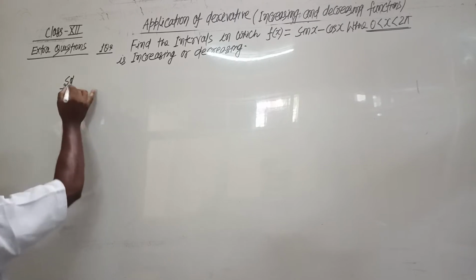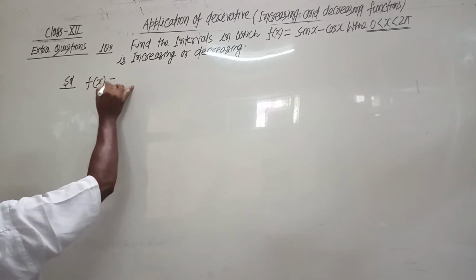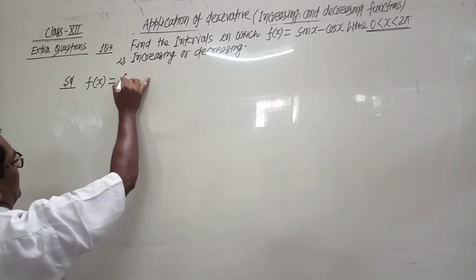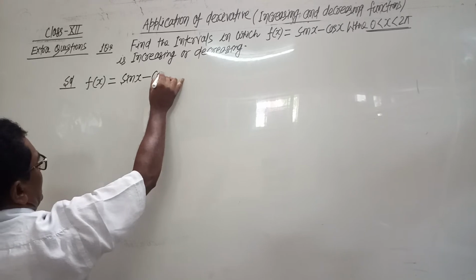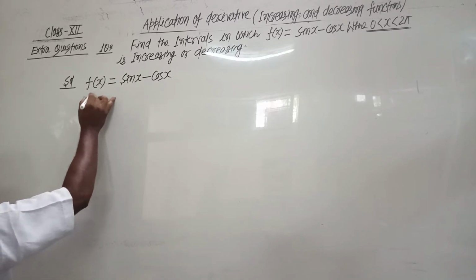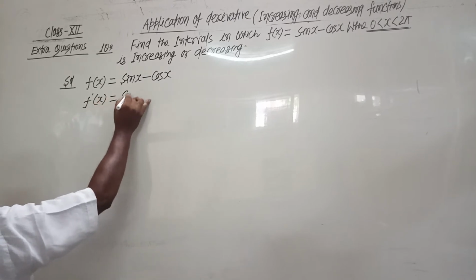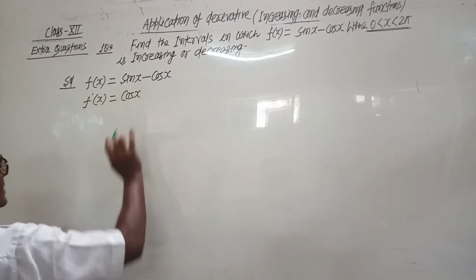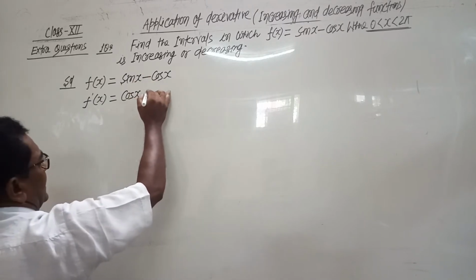So, firstly, we differentiate the function. f(x) equals sin x minus cos x. We find its derivative, so f dash x is equal to the differentiation of sin x, which is cos x, and the differentiation of cos x, which is minus sin x.